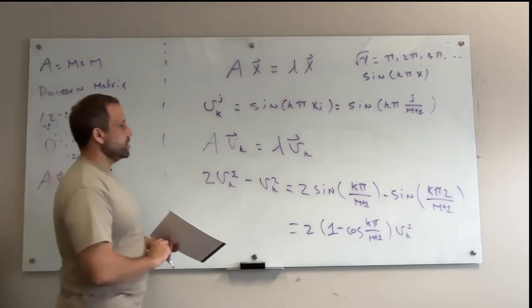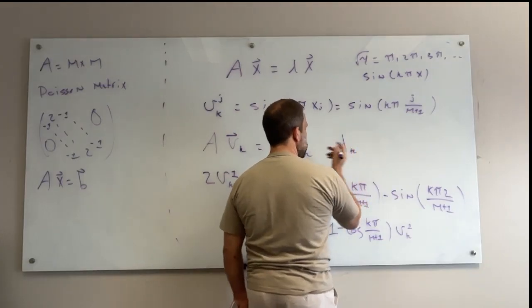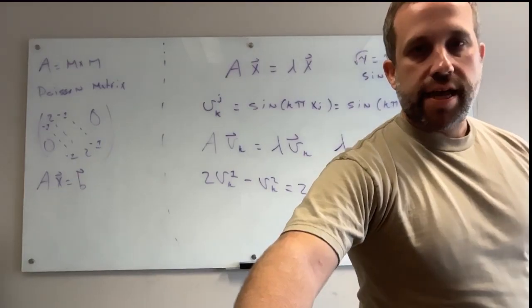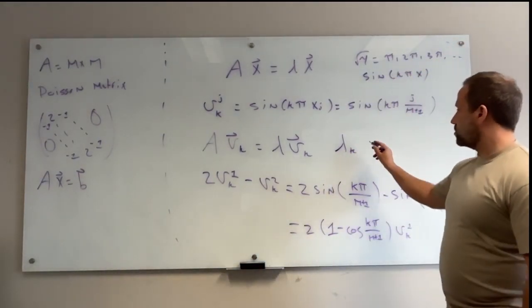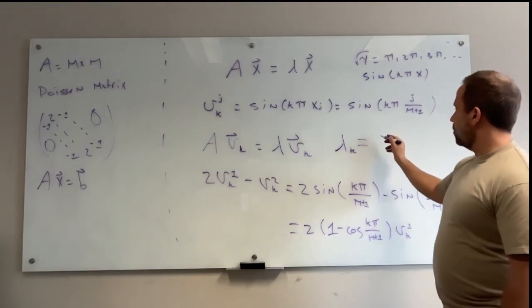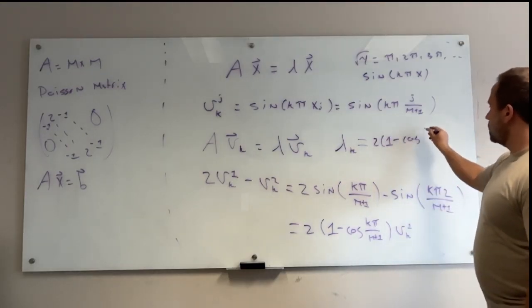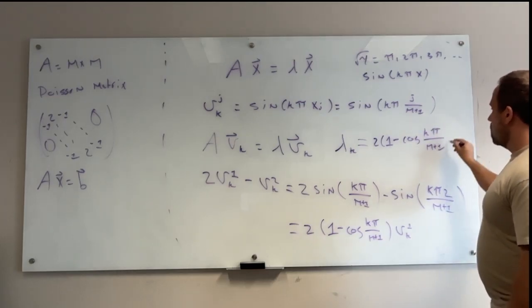So now what this tells us is that our eigenvalues for the Poisson matrix, not for the iteration matrix, I haven't talked about any iteration matrix, are 2 times 1 minus cosine of k pi over n plus 1.